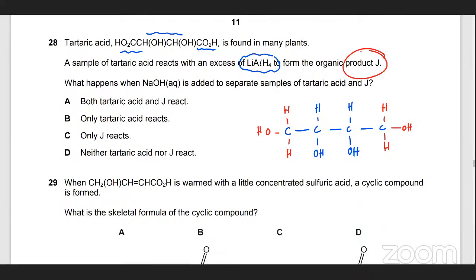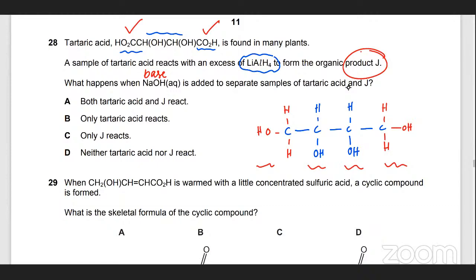Now, what happens when NaOH is added to separate samples of tartaric acid and J? So NaOH is a base. So what's going to happen? The base is going to react with the carboxylic acid. So the tartaric acid is going to react. Alcohols don't react. This is an alcohol, this is an alcohol, all of them are alcohols.